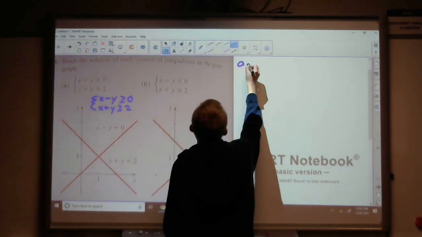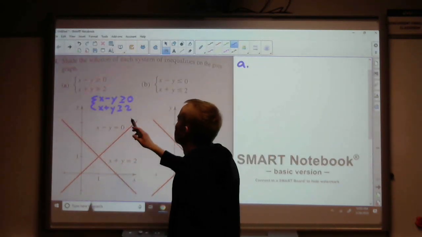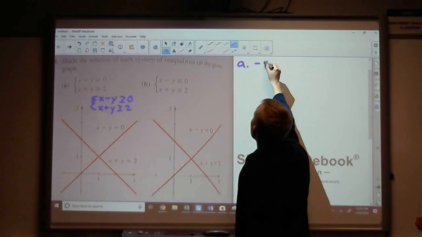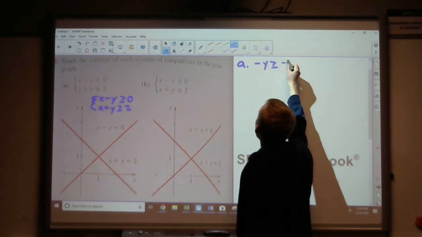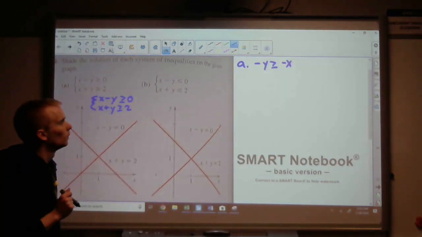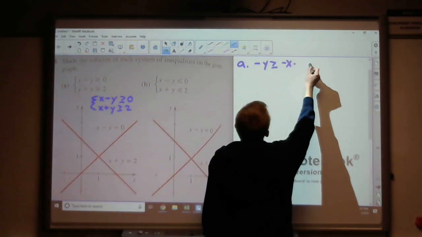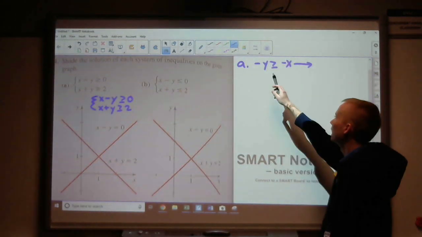So this is A. We've got x minus y is greater than or equal to 0. So I'm going to subtract x over. I get negative y is greater than or equal to negative x, okay? And so with that, I can just divide by a negative on both sides.